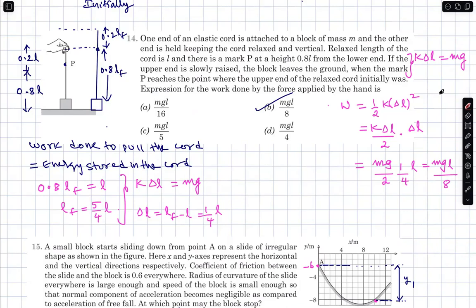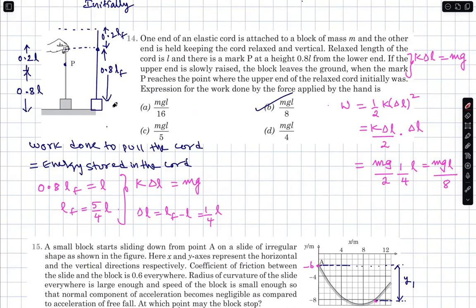It will stretch in such a way that point P will reach this level when, at the same instant, the block loses contact with the ground, which means the tension in the cord at that moment is mg. This is the first point to note.